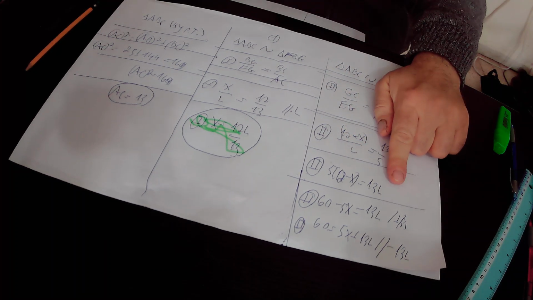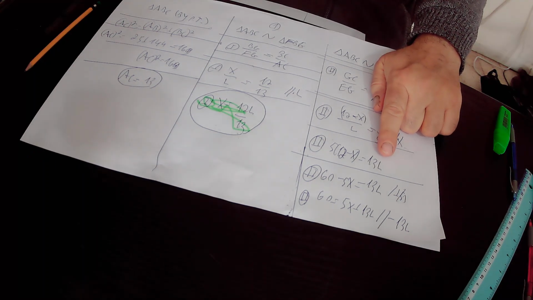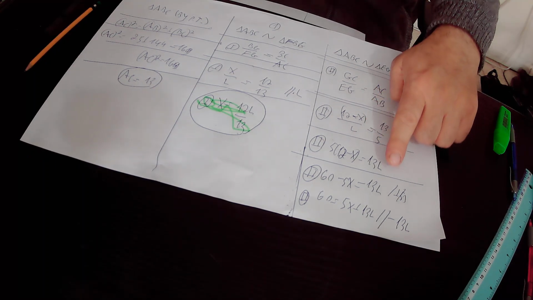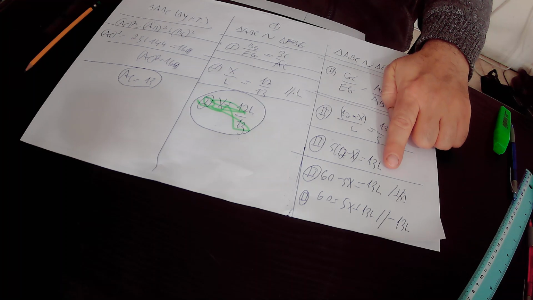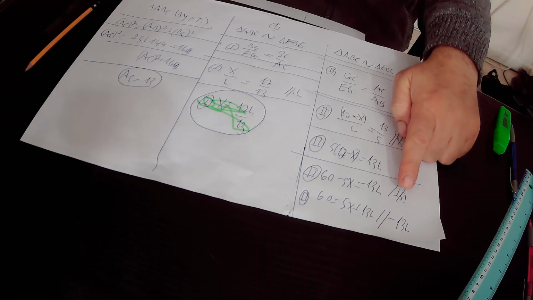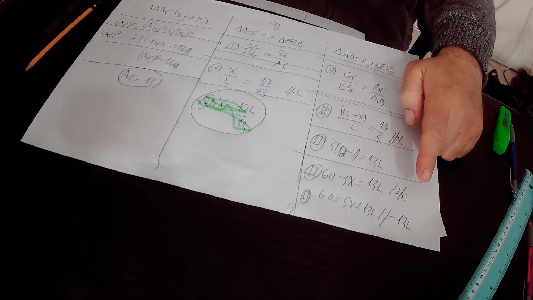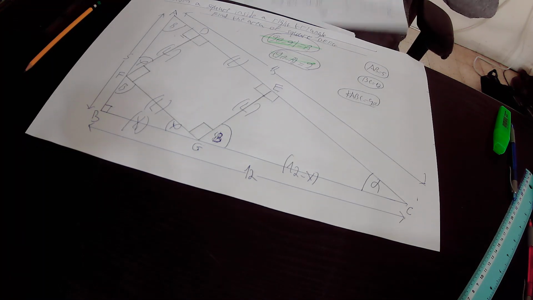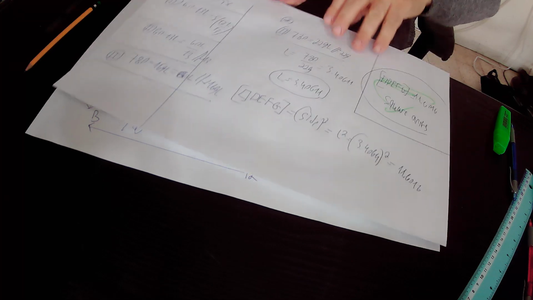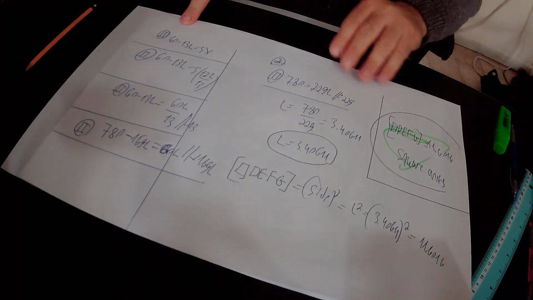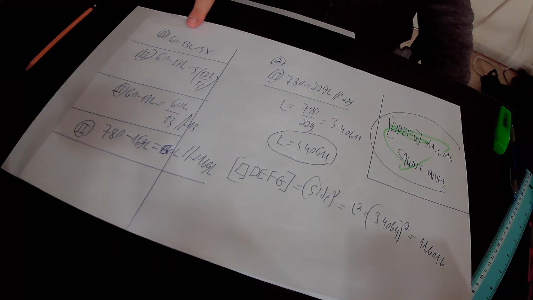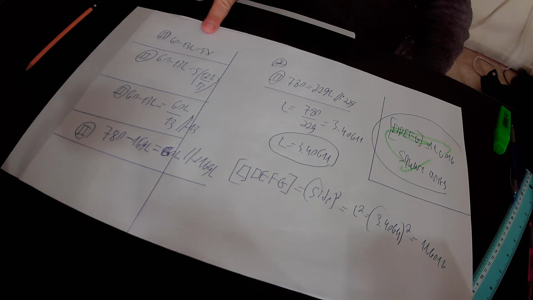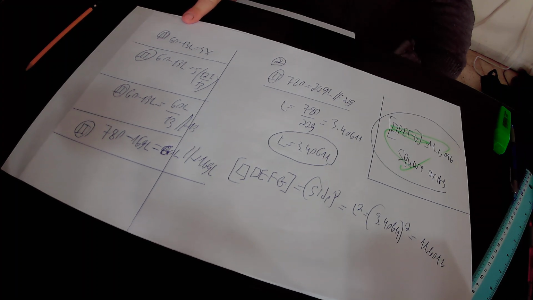Here we add 5x, and find that 60 equals 5x plus 13L. Here we subtract 13L, and find that 60 minus 13L equals 5x.